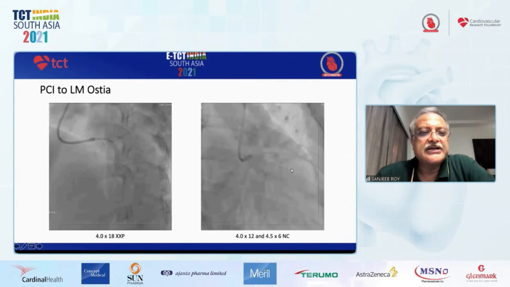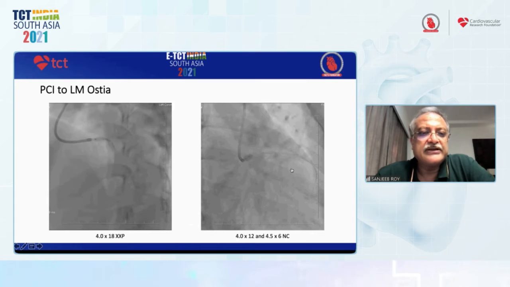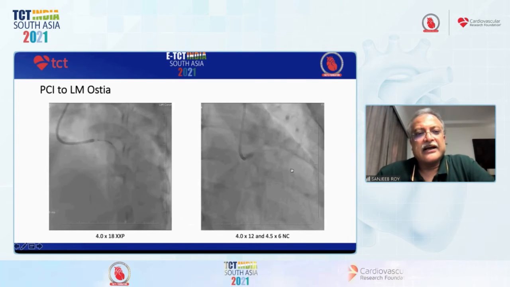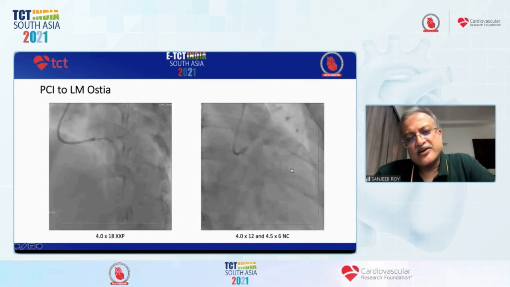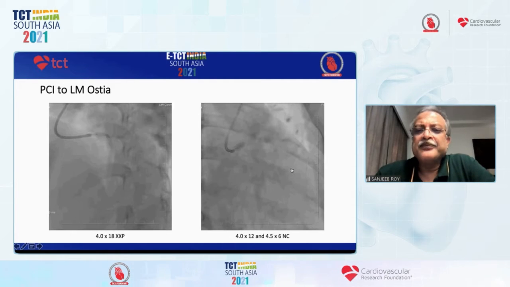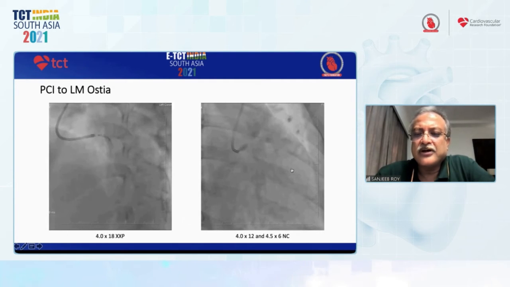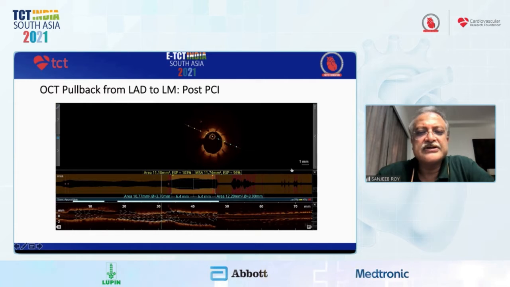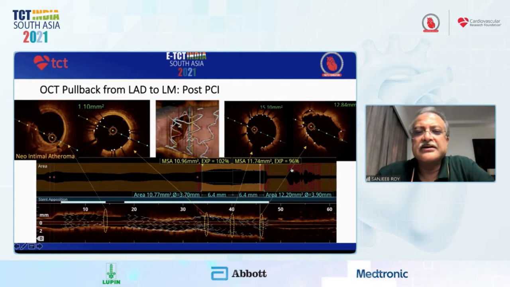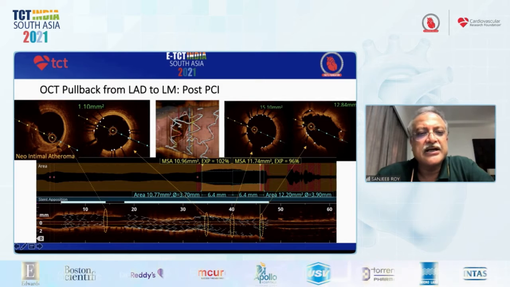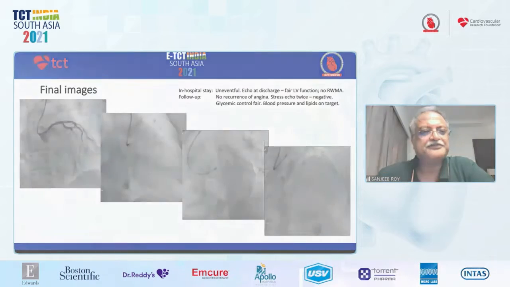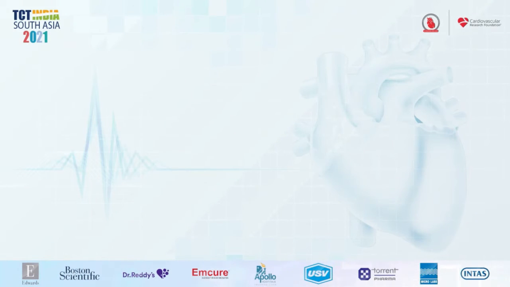I used angiographic guidance to deploy the stent, and my stent was just overlapping the distal stent. I used a larger balloon to flare the ostial ledge. And this was the final view. You can see here the circumflex ostia was spared and the stent was deployed optimally. And these were the final angiographic images.